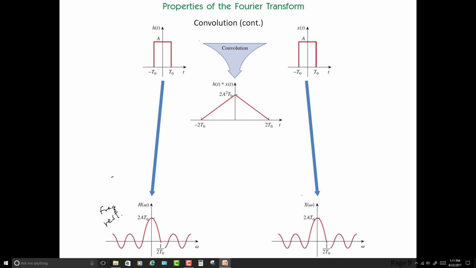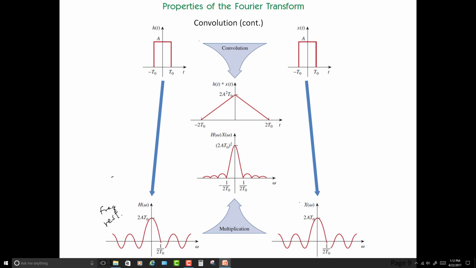What this property tells us is we can get the frequency response of the convolved function simply by multiplying these two functions.